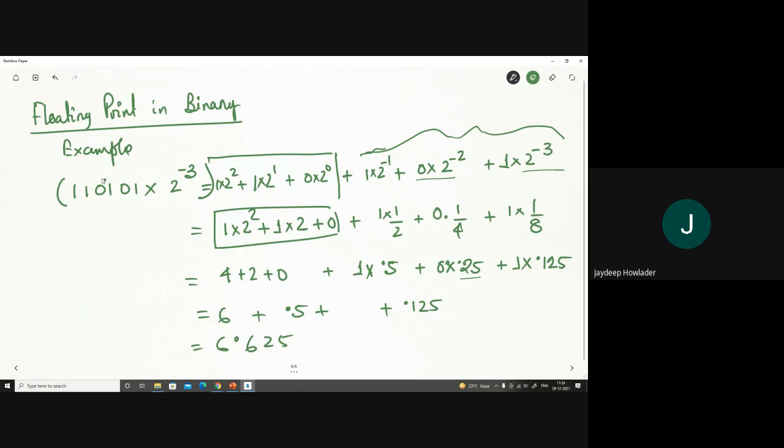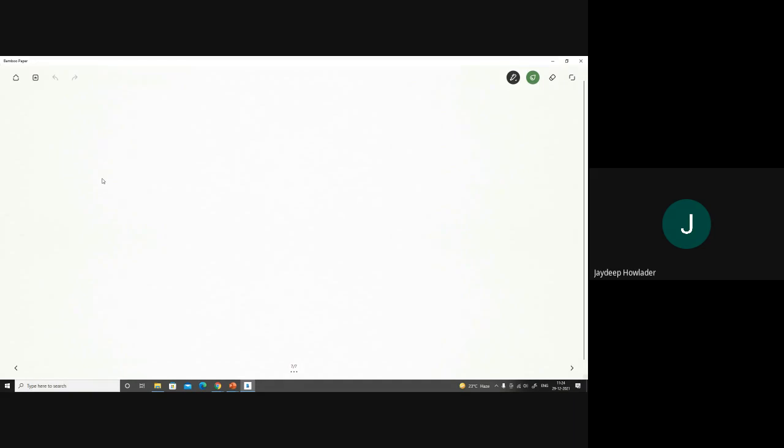So now, if we take a look at the decimal, or base 10, and base 2.